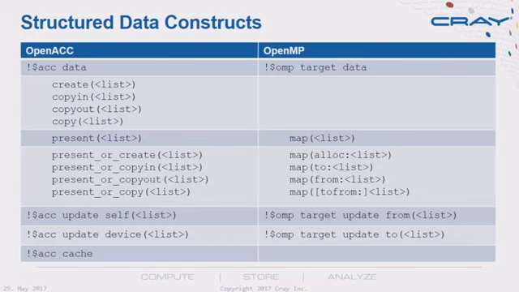Then we already saw the update clauses. So if you want to synchronize the data between CPU and GPU, we have update from, to, or self, device in OpenACC.